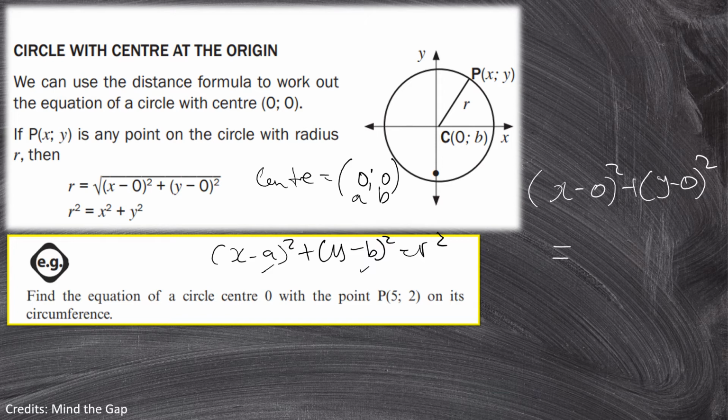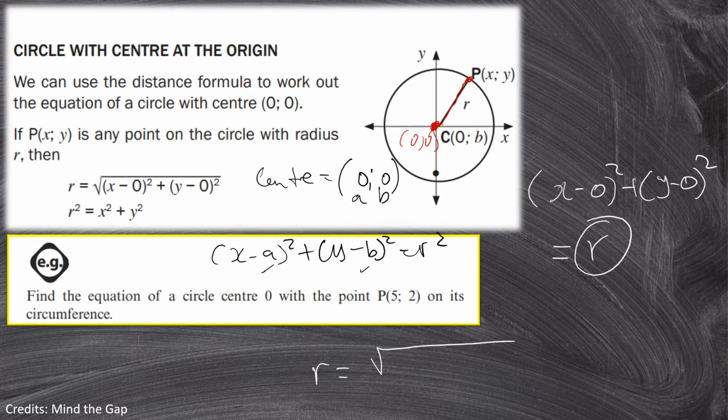So for the radius, let me put our center here, 0 and 0, and you'll have a certain point on your circumference, x and y. We also need to get the distance from the center to the circumference, which is the radius, using the formula.